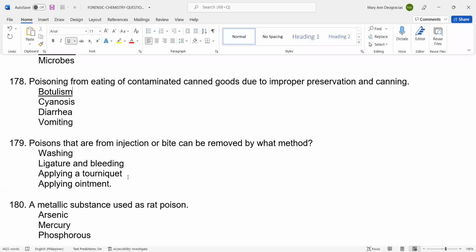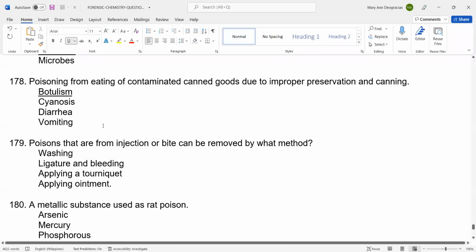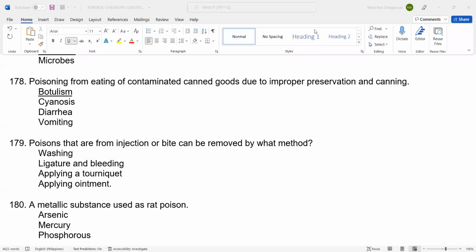Halimbawa, nakagat ng snake or nakagat ng aso, ano ba ang pwedeng gawin para ma-remove yung poison? Is it washing, ligature and bleeding, and then applying a tourniquet? Ano sagot? Okay, it is letter?